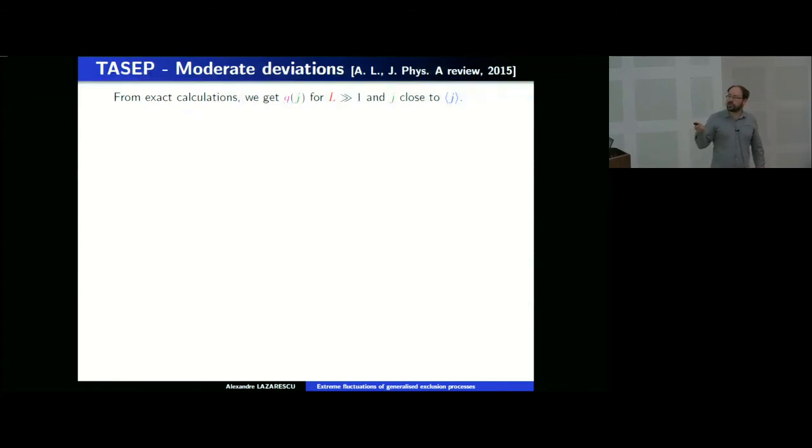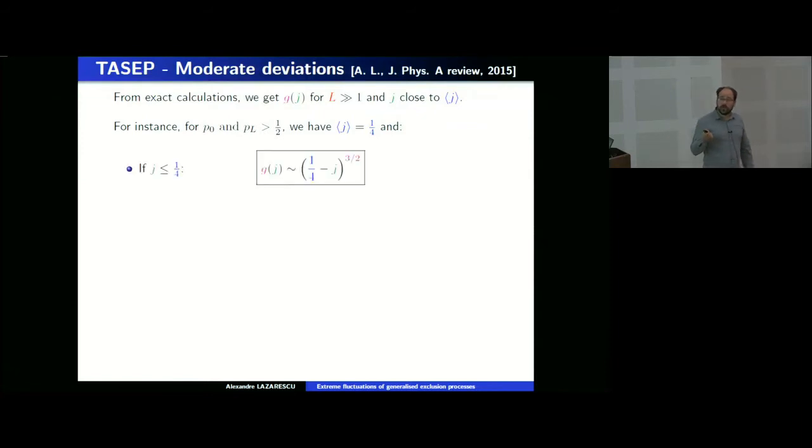It's for J close to its average. Everything depends on the boundary rates, but the most interesting case is when you take the two boundary rates larger than 1/2, in which case the average current is 1/4. And what we find is that for fluctuations smaller than the average, the large deviation function scales with a certain power law.